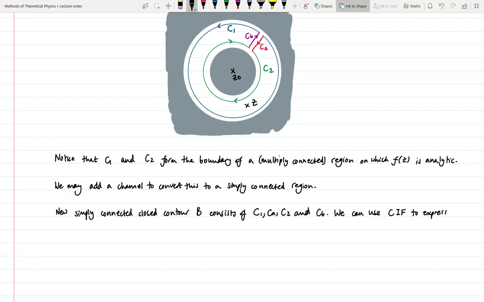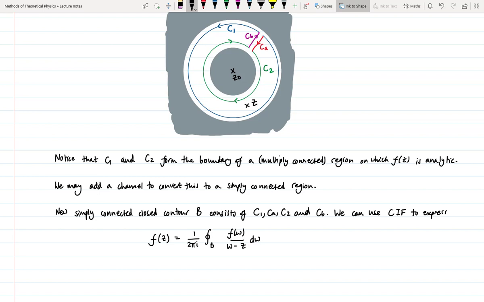Cauchy's integral formula gives us that the function value at some point z is given by 1 over 2 pi i, and we're now taking the integral around the simply connected closed contour B of f of w over w minus z dw. This is our Cauchy integral formula as normal.